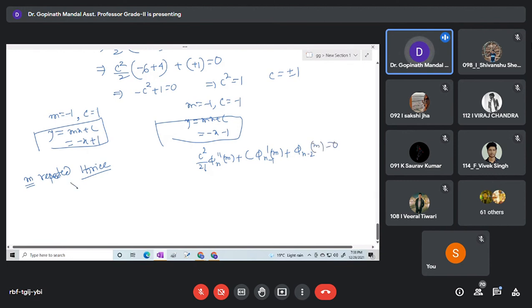Now if m is repeated thrice, then same way this will be c cube by factorial 3 phi n triple dash m plus c square by factorial 2 phi n minus 1 double dash m plus c by factorial 1 phi n minus 2 dash m plus phi n minus 3 m equal to 0.